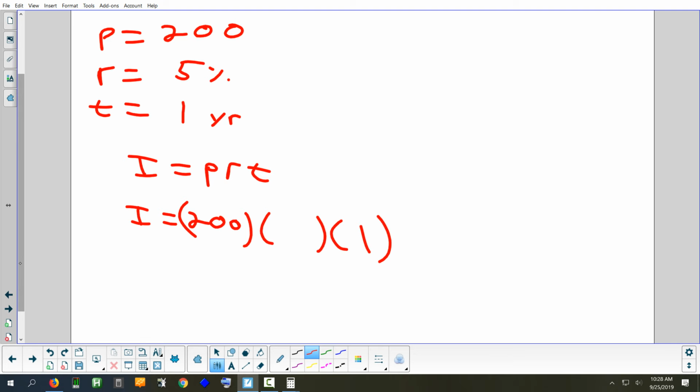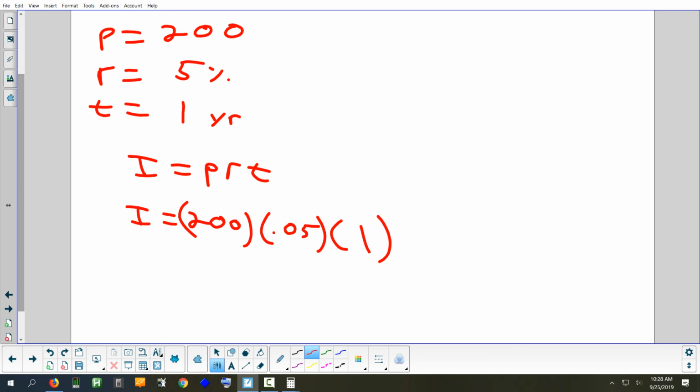Exactly. 0.05. Okay. So anytime you use this formula, you have to plug in R as a decimal. And then you just multiply 200 times 0.05 and you'd see what you get. But I just wanted to show you guys how. Okay, any question on that?